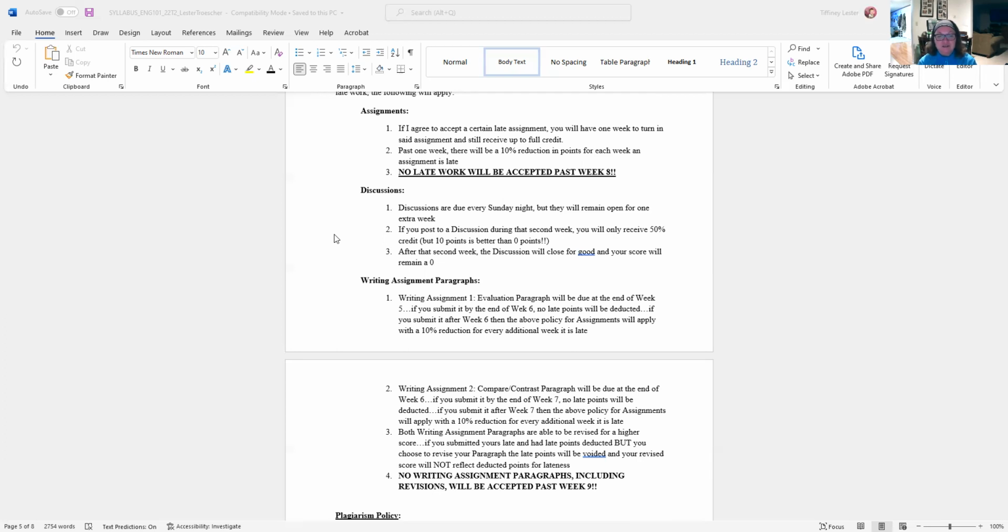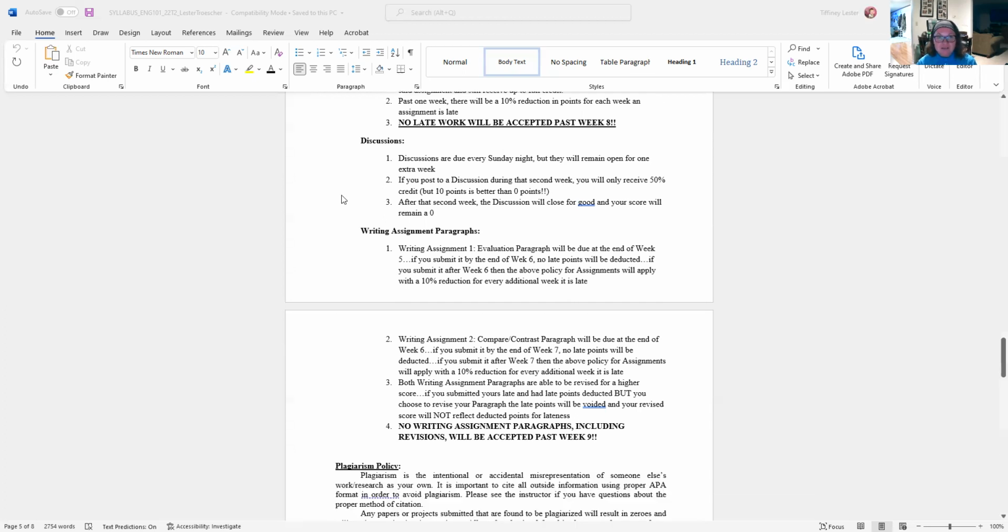But here's the kicker. Both writing assignment paragraphs will have the option of revision. So whether you turn it in on time or late, if you are not happy with your score, you will be given a chance to revise it. You'll get feedback from me. You'll be submitting the paragraphs in a file format, so either Word, PDF, or Google Docs.